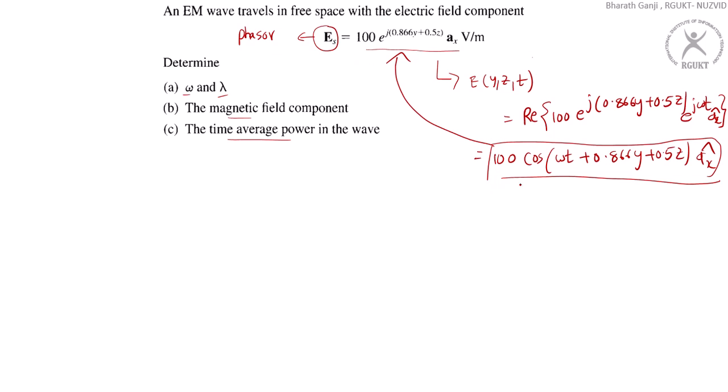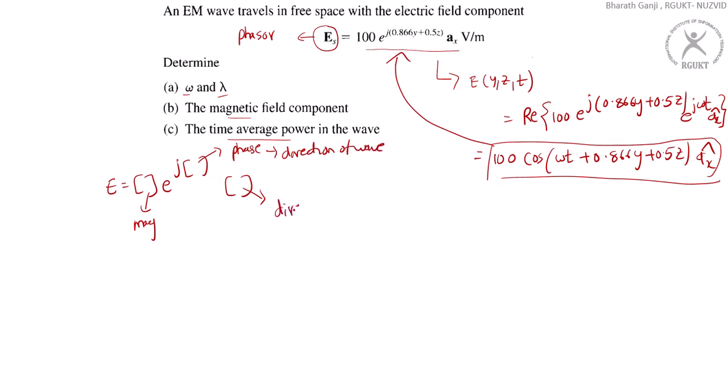From the electric field given here, as I was saying previously, when you write an electric field you should always look for three things. One is the magnitude part, another is the phase, which gives you the direction of the wave, and this part is the direction of the field.